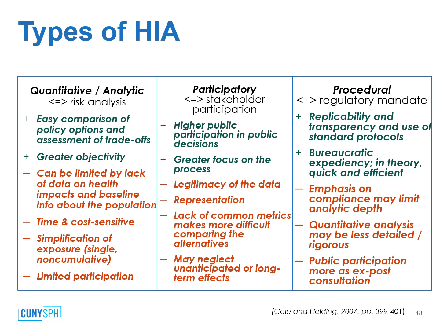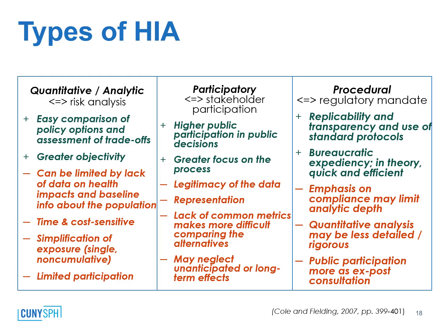There are three main types of health impact assessment. Quantitative or analytic emphasizes the risk analysis and provides objectivity, but can be limited by lack of data and are often time and cost intensive.